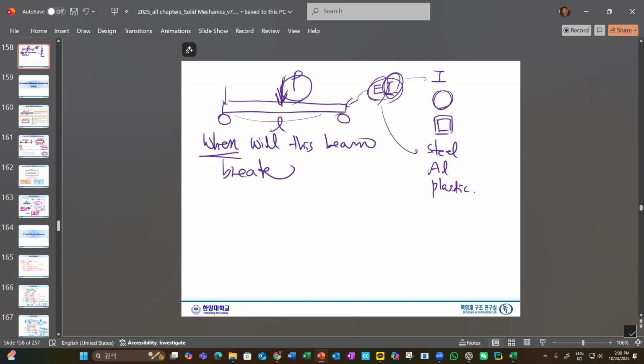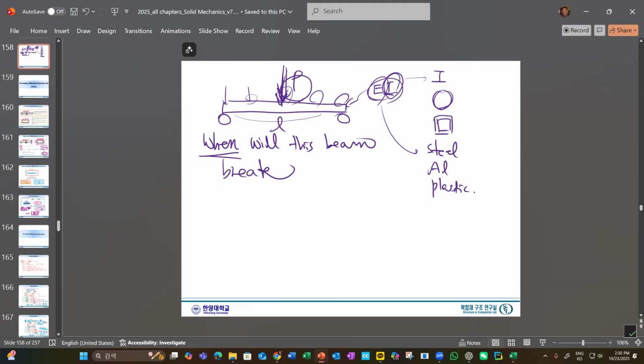Here, or somewhere here, or somewhere here? How do you feel when you push this one? I'm sure you would feel that the pen will break at the center, right?